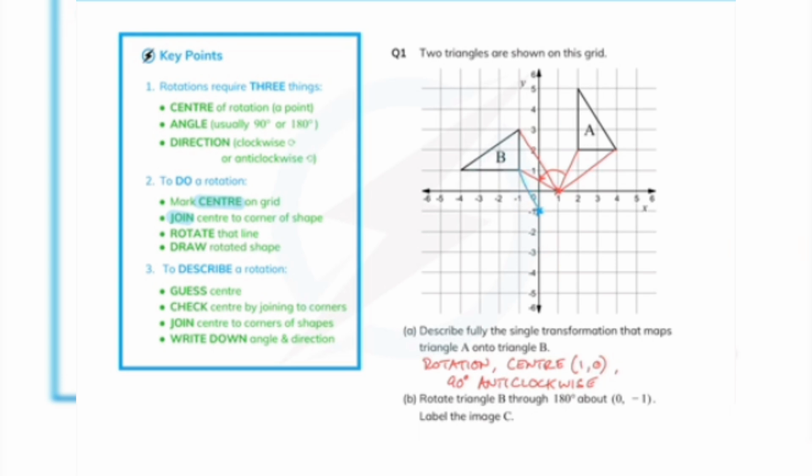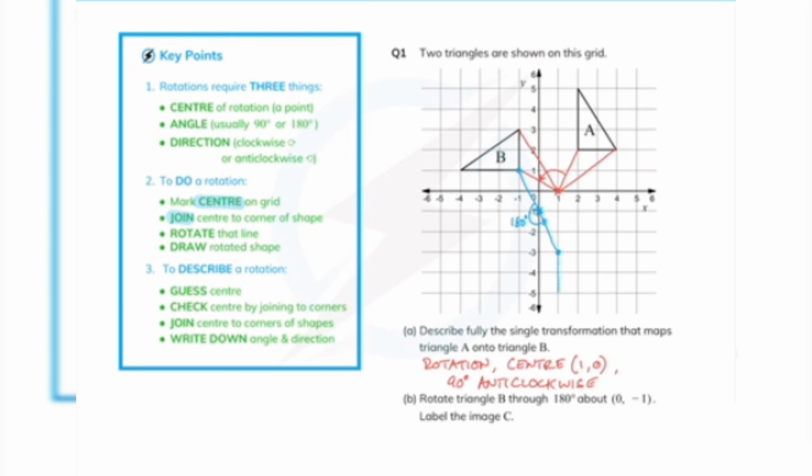And then I'm going to essentially rotate that line I've just drawn through 180 degrees. There is no direction because it doesn't matter. So I'm going to rotate this line through 180 degrees. If I go the other way, I get the same line, and it goes to there. And this will be the equivalent corner on shape C. All I need to do now is draw the same shape, but rotated.